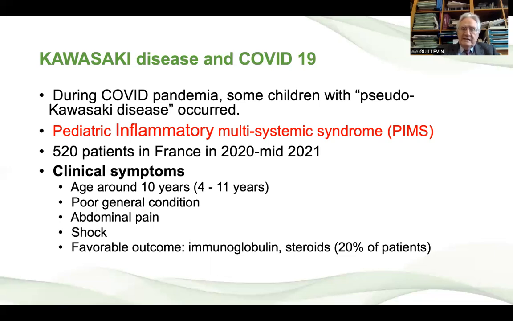And after that, very abruptly, a cardiogenic shock happens, and these children have to go to intensive care units. Fortunately, the outcome is usually favorable, and immunoglobulins are effective in 80% of the patients, and the refractory patients are usually treated successfully with corticosteroids.